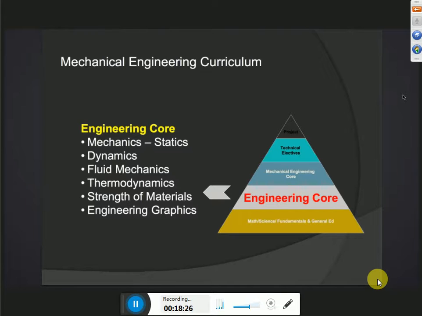But if you look at the mechanics stream, vector calculus, you got statics, the free body diagrams that are required in many other classes like strength of materials, dynamics. Then you get into vibrations, you get into finite element analysis, machine design.